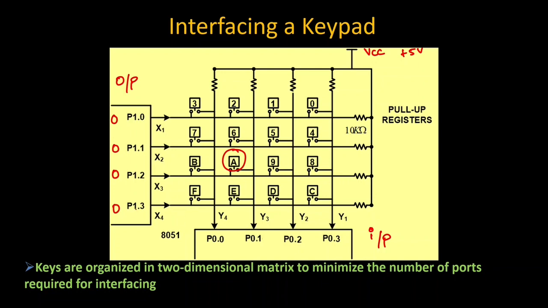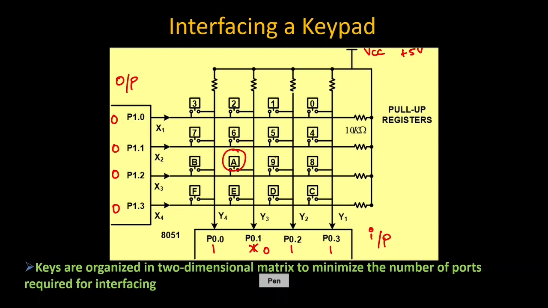If it is 0, this entire row is giving 0. If no key is being pressed, this +5 volt is going to directly reach here, so I will be getting these values. If the key A is being pressed, instead of this one, I will have the value 0. This is what it means.